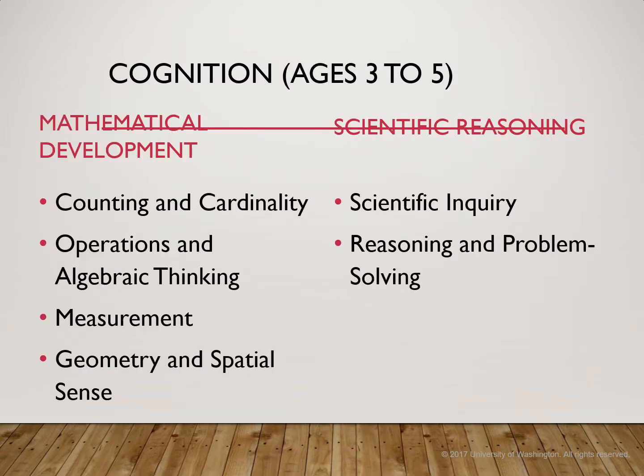For preschoolers, the cognition domain becomes two: mathematics development and scientific reasoning. This reflects the increasingly complex and unique cognitive abilities of children ages 3 to 5. Within the mathematical development, the subdomains are counting and cardinality, operations and algebraic thinking, measurement, and geometry and spatial sense. Within scientific reasoning, the subdomains are scientific inquiry and reasoning and problem solving.